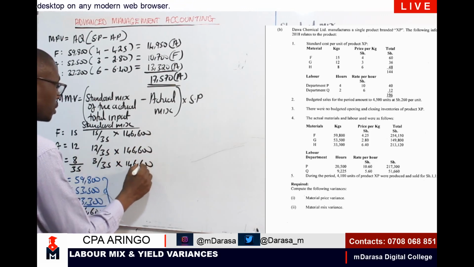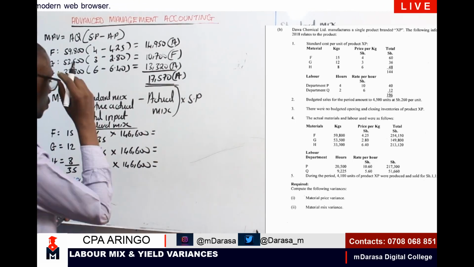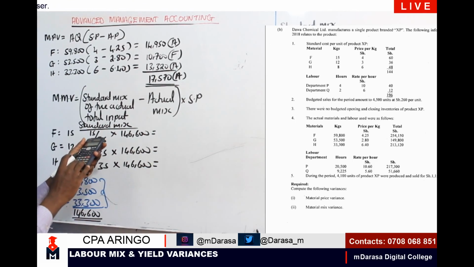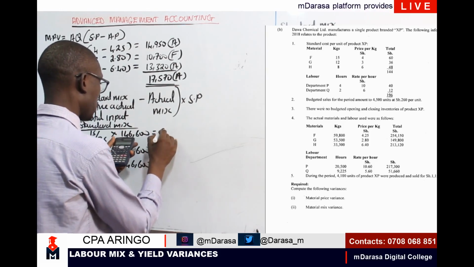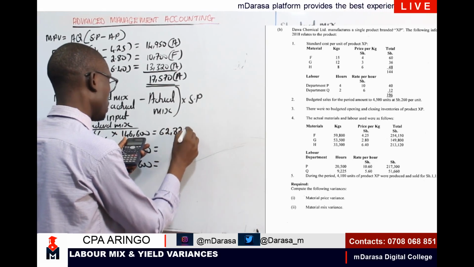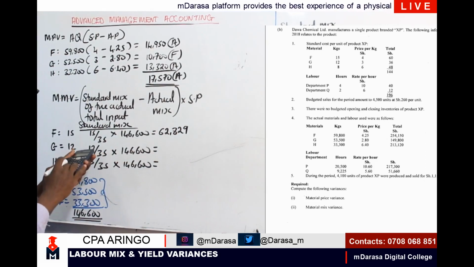So as at the end of the day, my good students, I should be talking of, for F, 15 of 35 times 146,600. This should give us a figure of 62,829. 12 of 35 times 146,600.